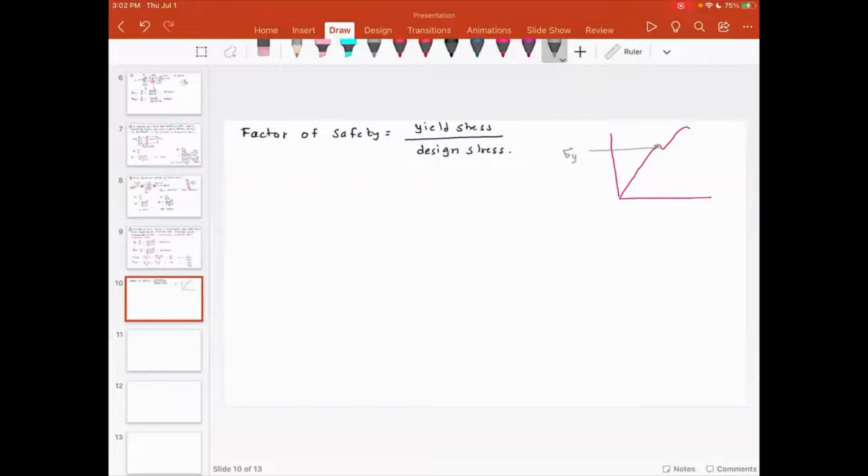You want to be a little bit below the yielding point. So your design stress could be at this location. This depends upon how comfortable you are with the loading, the design, the analysis, and again, the material reliability.